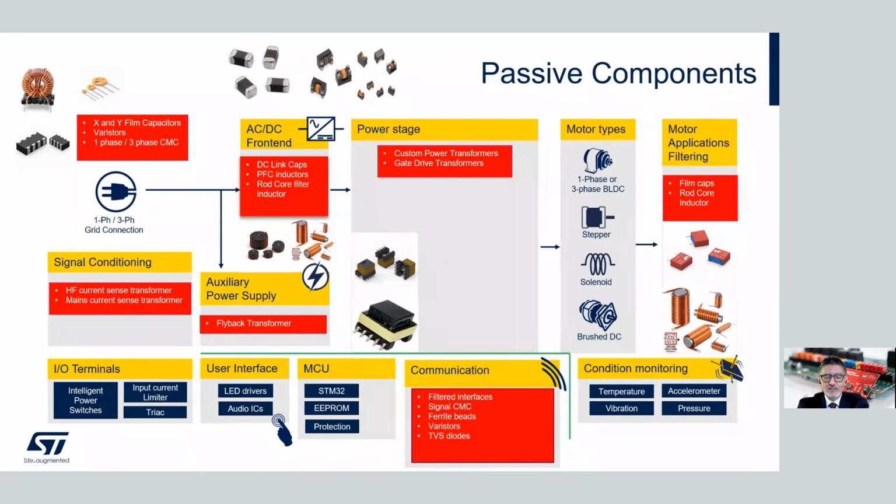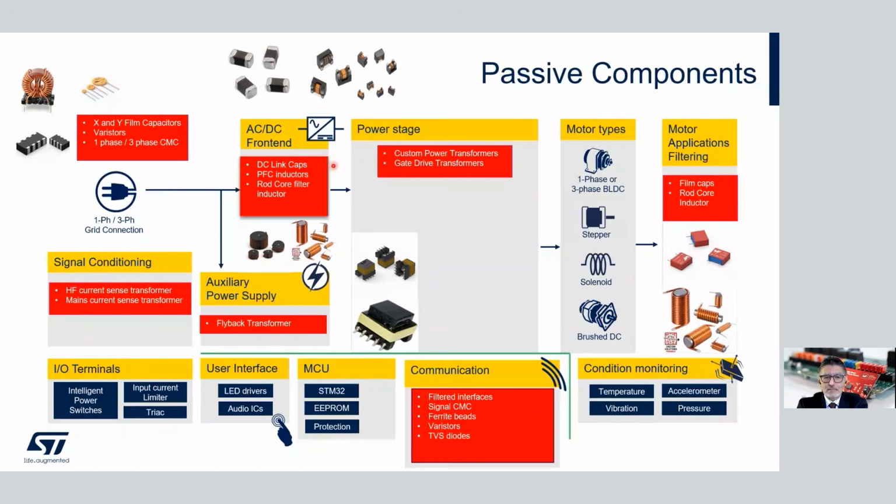Starting from the front end side of things on the AC mains, single or three-phase, of course, a wide range of EMC solutions in the form of common mode chokes, in addition to things like disc varistors, single or three-phase common mode chokes, I should add, as well as film capacitors. And as you go in, of course, on the AC/DC front end, which is this interleaved boost topology, we have the PFC choke, as well as the DC link capacitors.